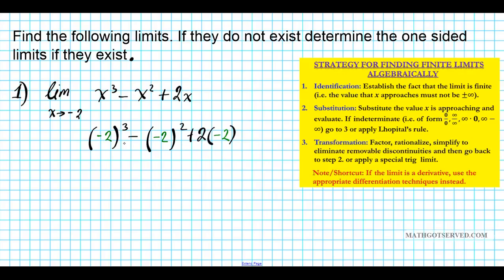We're going to deal with the exponents first. So -2 to the third is negative 8, minus negative 2 squared, which is positive 4, plus 2 times negative 2, which is negative 4. And then this comes out to negative 16. So that is your limit.